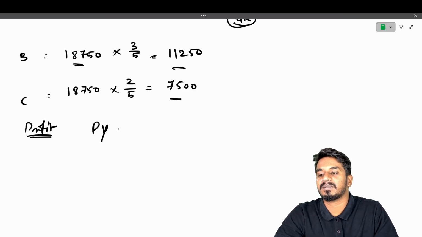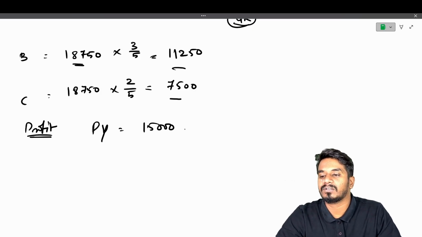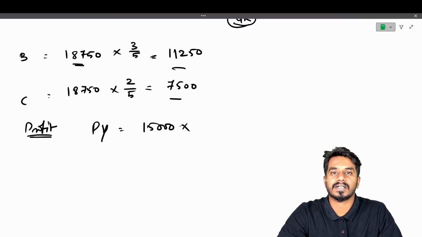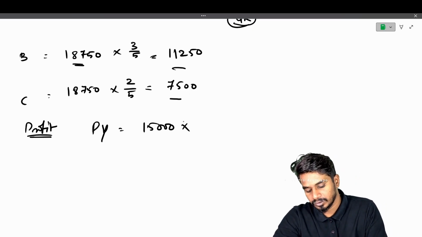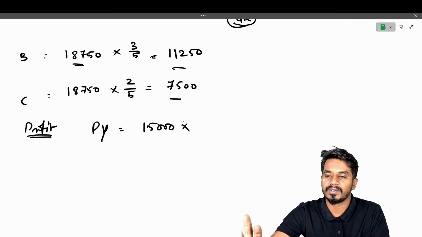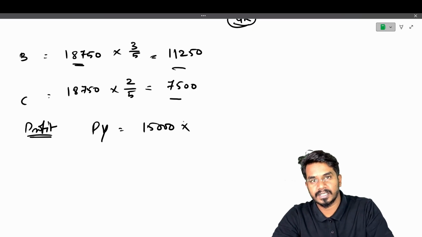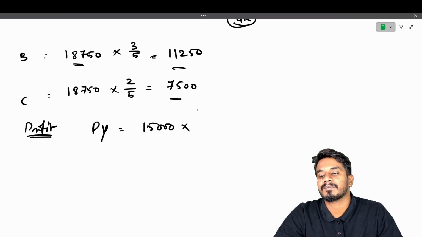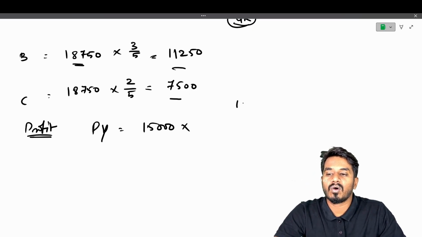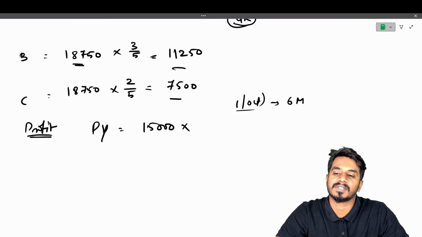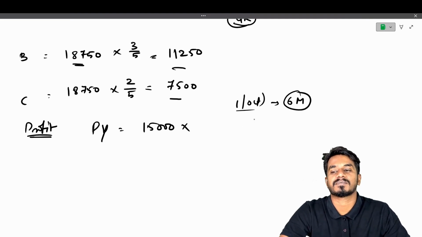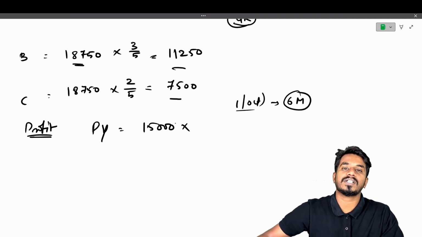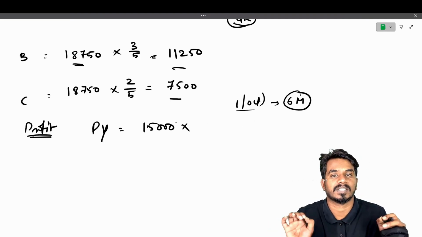The previous year profit was 15,000, so the same profit will be there for the current year also. But he died on 1st October, which means he died exactly after 6 months.